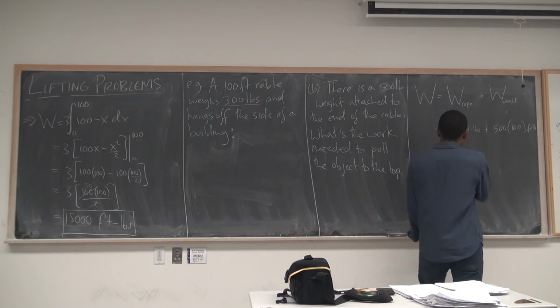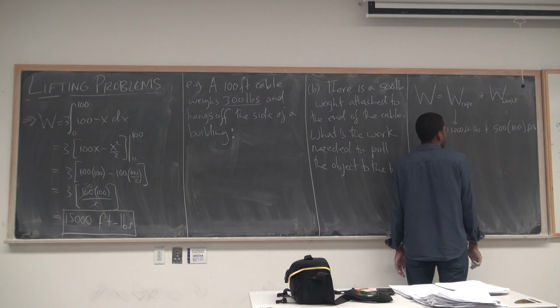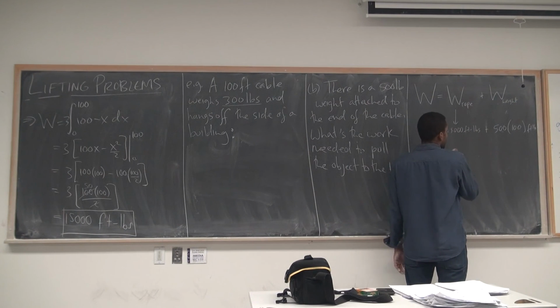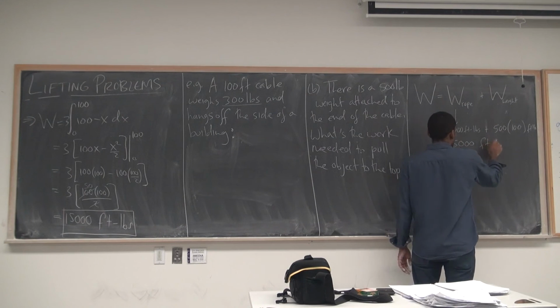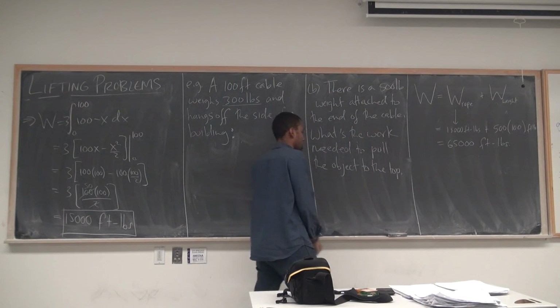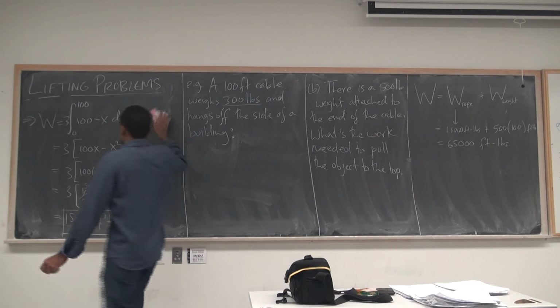So that's 15,000 plus 15,000, which is 30,000. So, yeah, that part is easy.